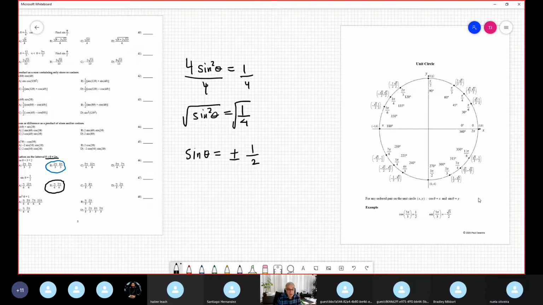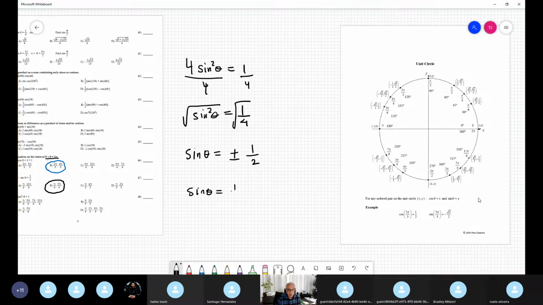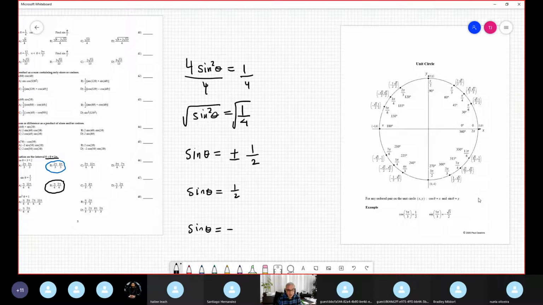Yes. So I need to separate. Sine theta is equal to positive 1/2, and sine theta is equal to negative 1/2. For positive 1/2 we have 2 solutions, and for negative 1/2 another 2 solutions. Sine is positive in the first and second quadrants. We found 2 solutions, by the way the same as in the previous example: pi over 6 and 5 pi over 6.